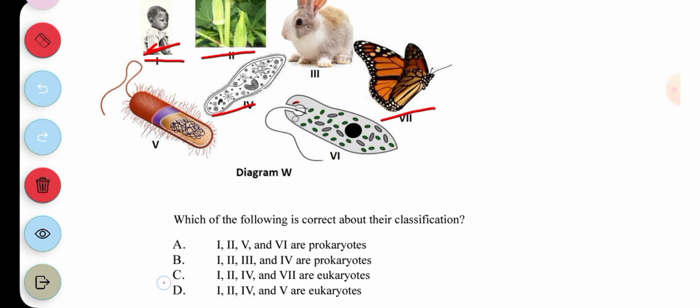Now, we know C is the correct answer, but let's just look out for D. Why is D not correct? So D, I is a eukaryote, correct? II is a eukaryote, correct? VIII is a bacteria, which is a prokaryote. So we know why D is wrong. So the answer is C.